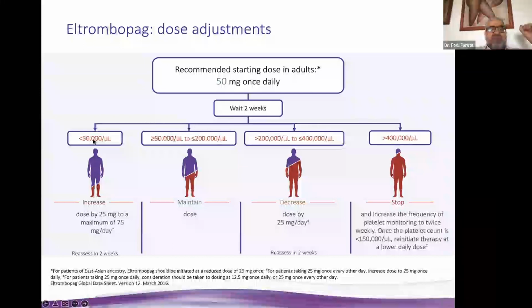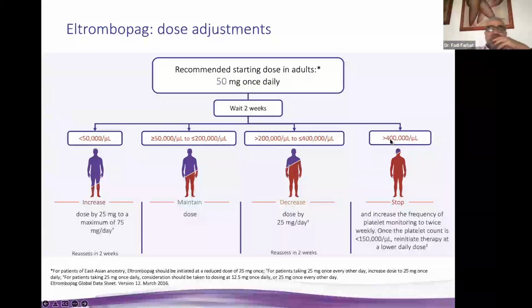Sorry, if we have under 50,000 platelets, we can increase the dose up to 75. If it's more than 50 and less than 200, we maintain the same dose. If it's increasing above 200, we can decrease to 25.